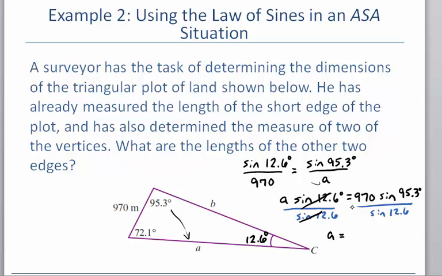And we're going to end up with, for a value for side A, 4,427.61. And as we said in the last presentation, it appears that the book is asking you to round these to whole numbers. And so we would go 4428 for side A.